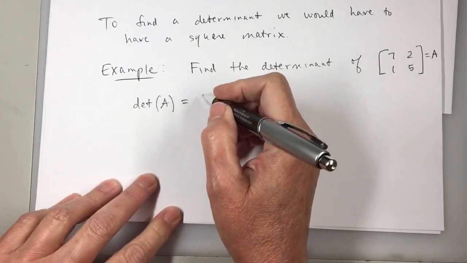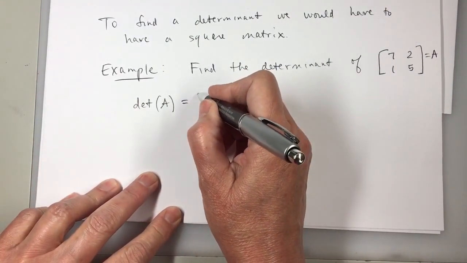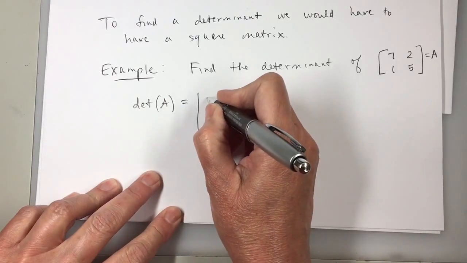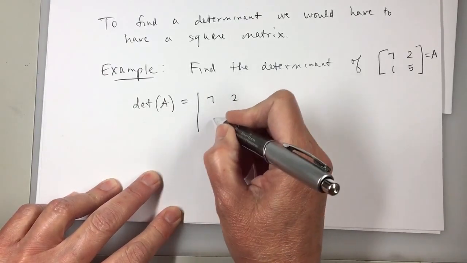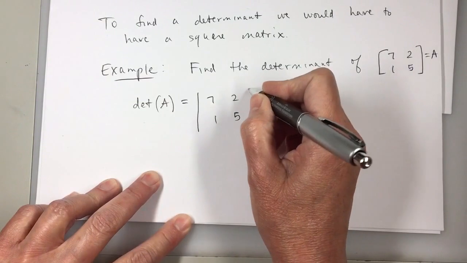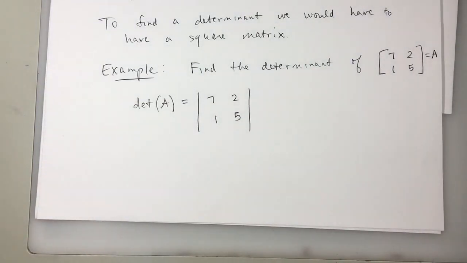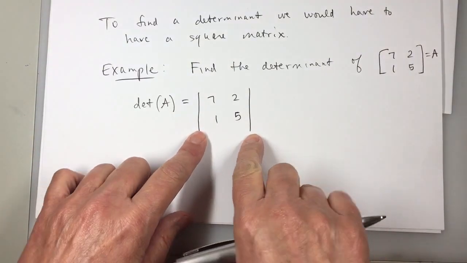And then for the determinant, just make it straight lines like absolute value signs are, but it's not absolute value. This indicates I'm doing the determinant.